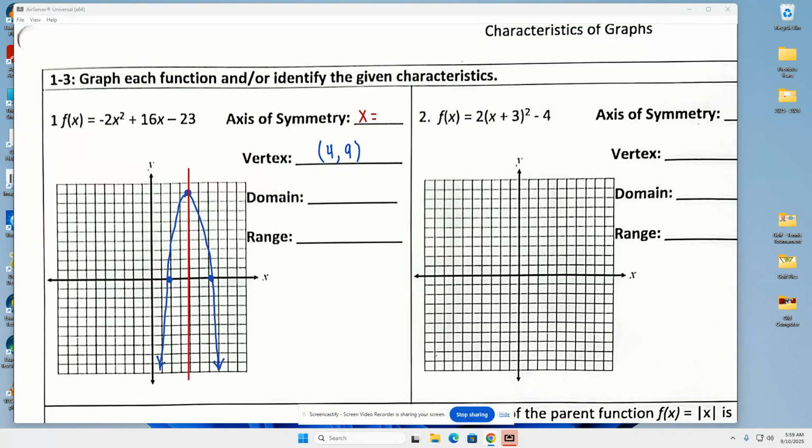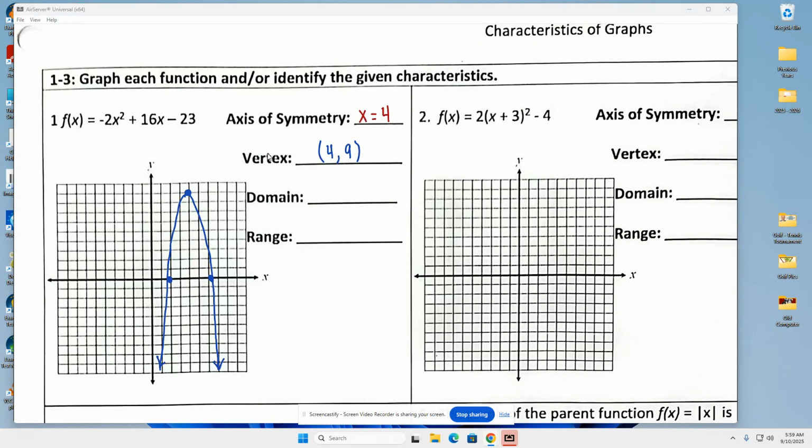Since the x value of my vertex is 4, my axis of symmetry is x equals 4. Remember, your axis of symmetry is not 4. If you write 4, that's not an equation that represents a vertical line. It has to be x equals the x value of your vertex. So x equals 4. Please make sure you understand that.